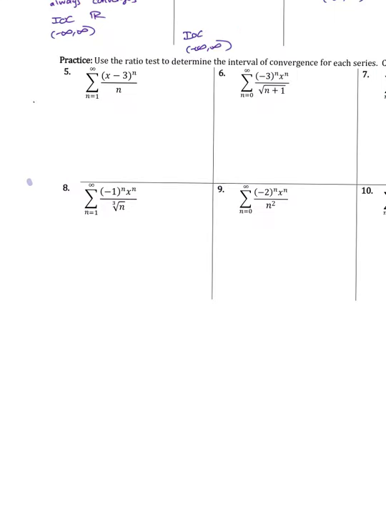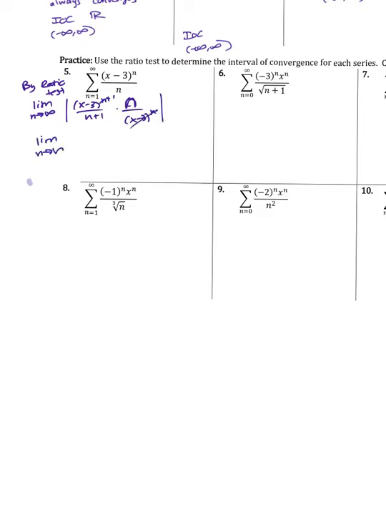All right, number 5, the limit as n approaches infinity, and I like to put by the ratio test up top, of the absolute value of x minus 3 to the n plus 1 over n plus 1 times n over x minus 3 to the power of n. A bunch of things are going to simplify here.